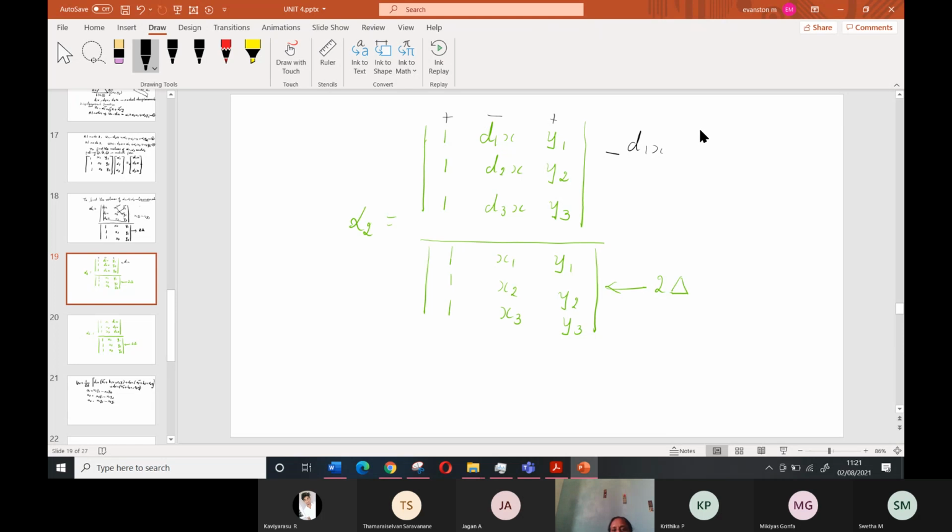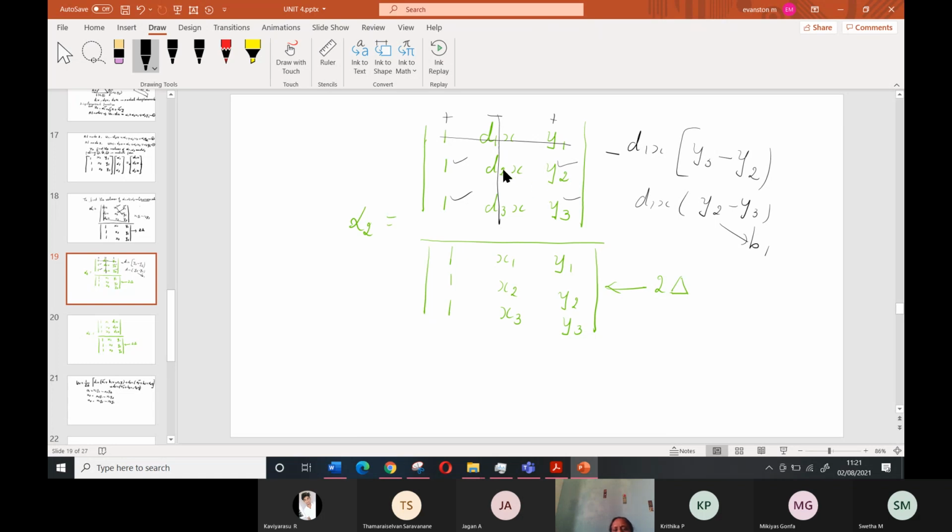So minus d1x into, I have to take this value, this I have to throw off and this I have to throw off. So what I will get is this and this: y3 minus y2, y3 minus y2. If I take the negative sign inside, d1x is equal to y2 minus y3. This is your b1 value.